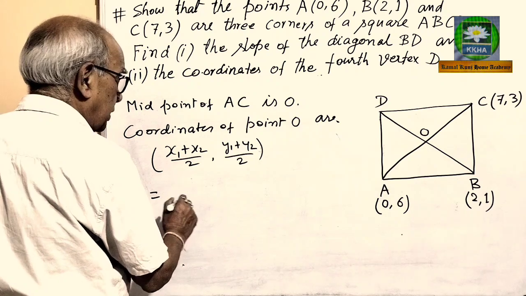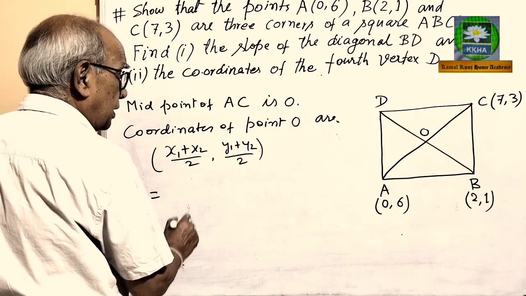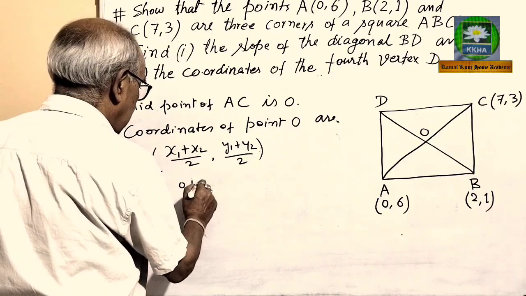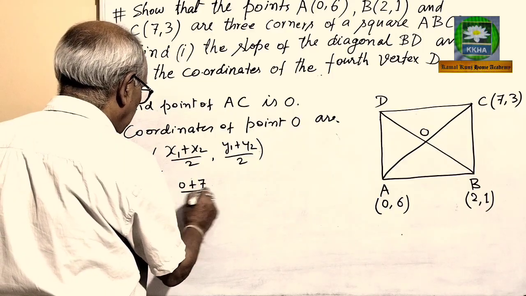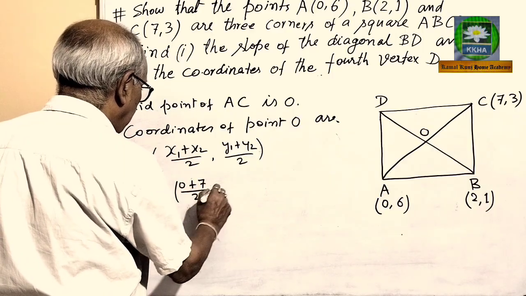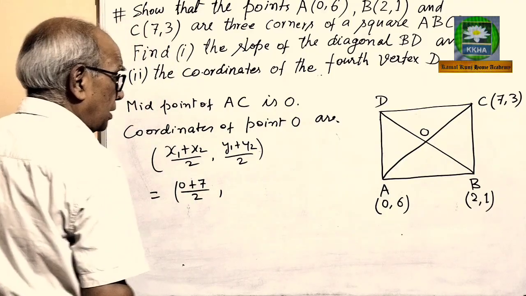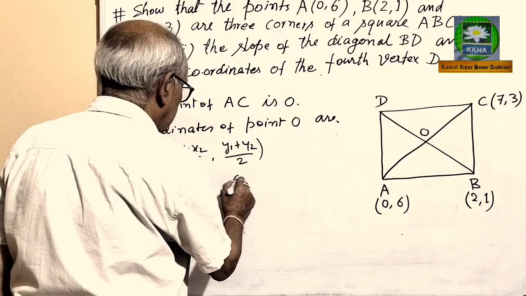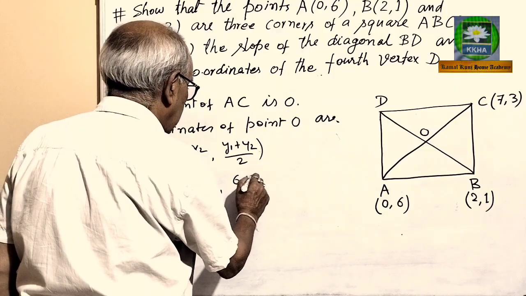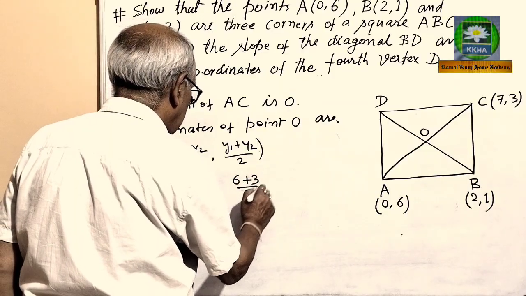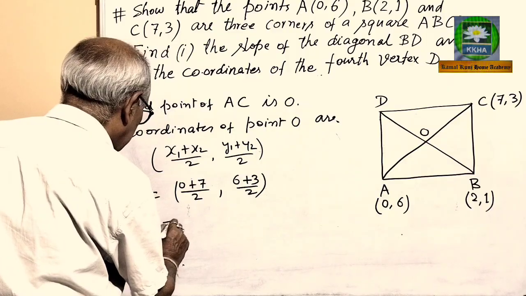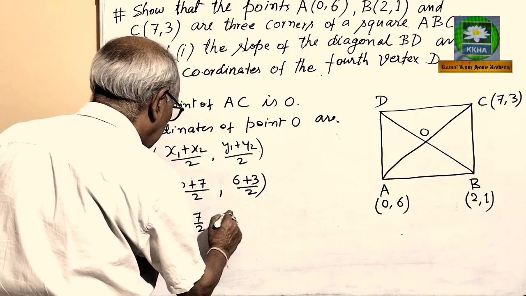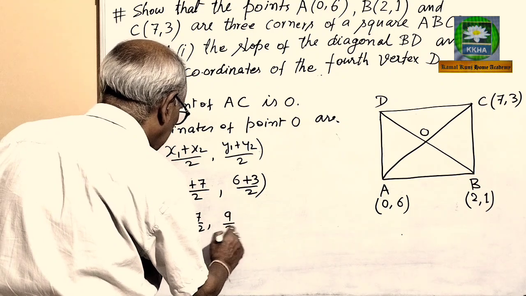This is equal to 0 plus 7 upon 2 and 6 plus 3 upon 2, which is 7 upon 2 and 9 upon 2.